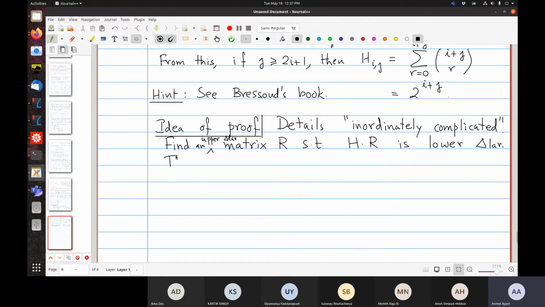So then knowing the determinant of HR, H times R, and the determinant of R completes the computation.